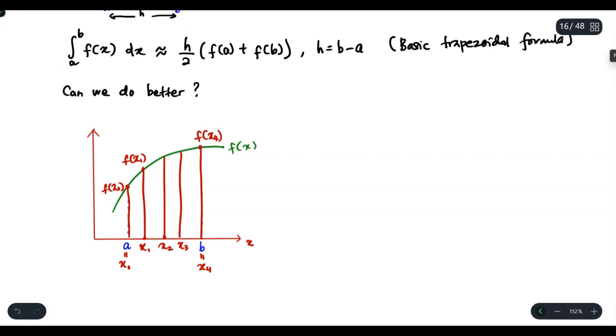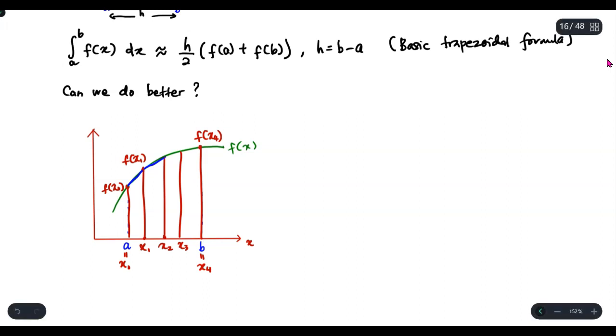So now the trapeziums are smaller. From x0 to x1 you form that trapezium. From x1 to x2, that would be your trapezium.